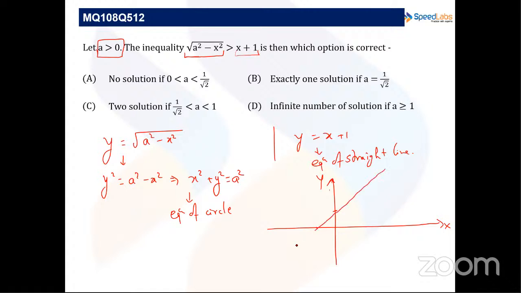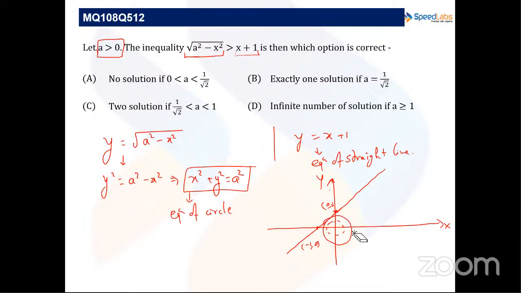So this is the straight line we have, which passes through the points minus 1 comma 0 and 0 comma 1. Now this represents a circle. We do not have the value of a, so the circles can be different. We can get either this circle, a circle which touches the line, or a circle which cuts the line.